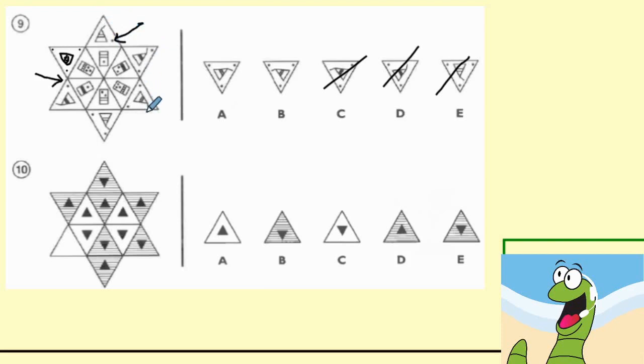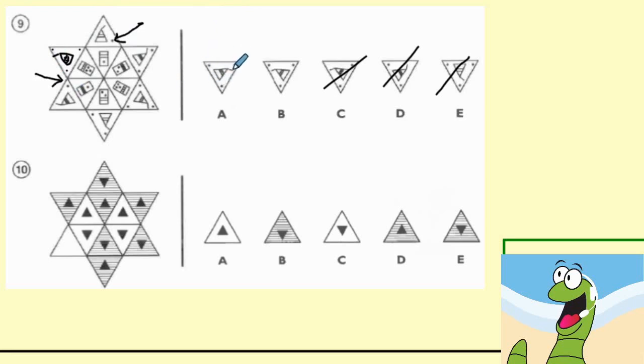Okay, so it alternates. You notice the line goes that way, then that way, that way. So our line should be going pointing to this triangle here. That way, that way. So we need a shape which, when we put it together, would mean that we are able to have it turn around that way.